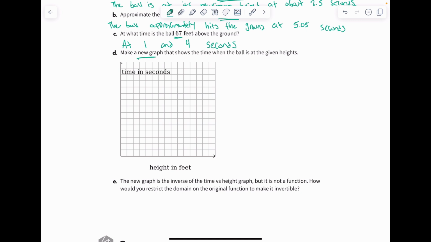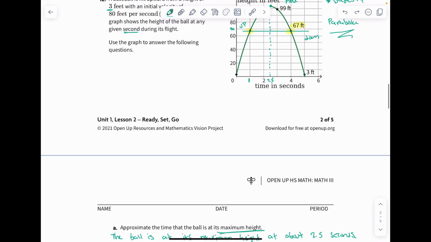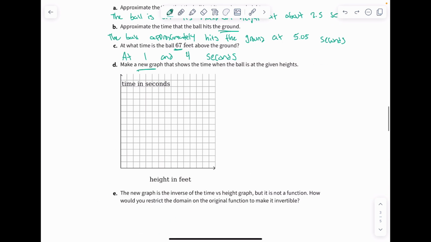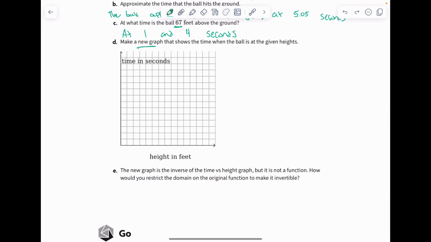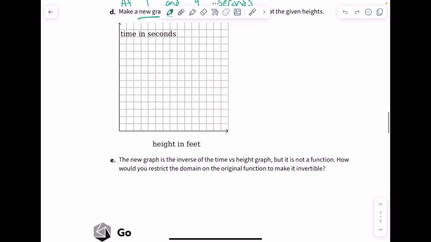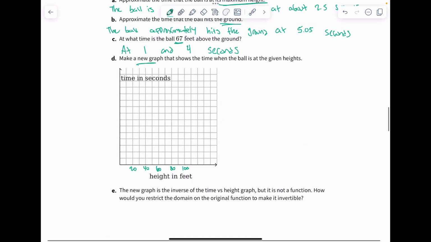Okay, cool. Make a new graph that shows the time when the ball is at the given height. So now I have my height and I have my time in seconds. Okay. So my graph will look a little bit different, right? So if I have my height in feet, let's kind of go with the same things. You have 20, 40, 60, 80, and 100.